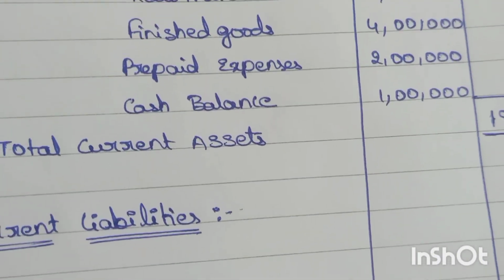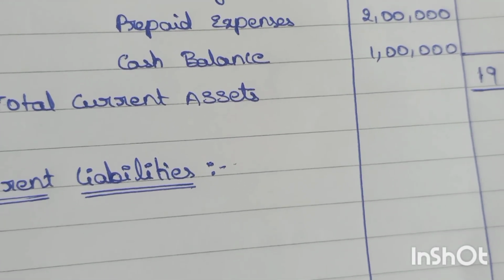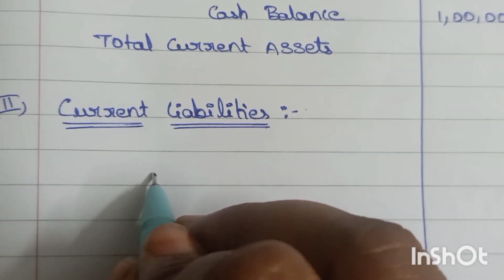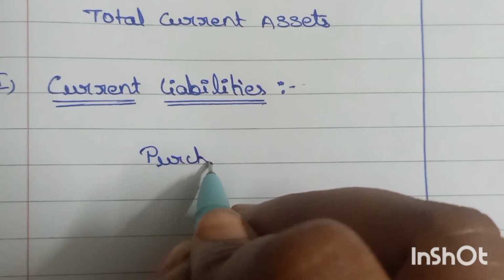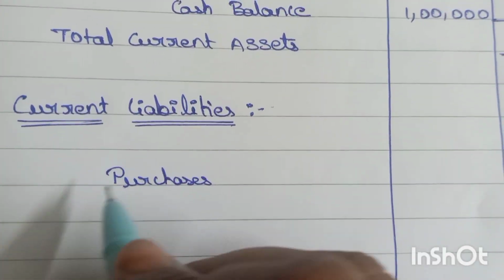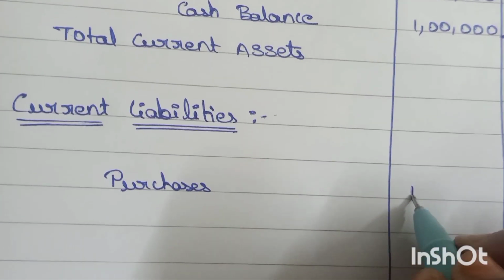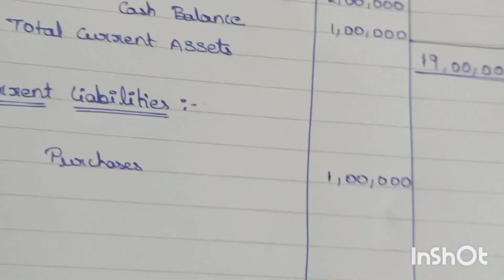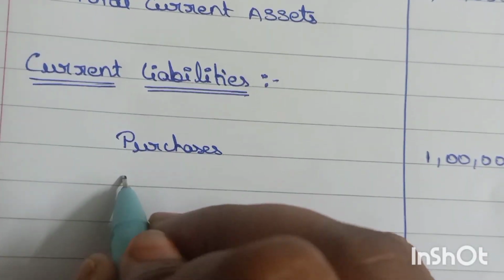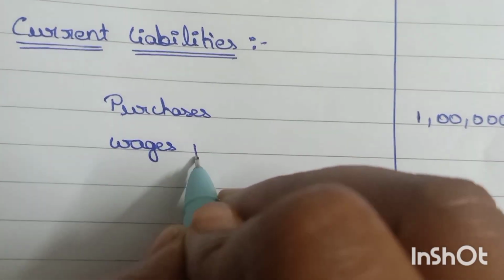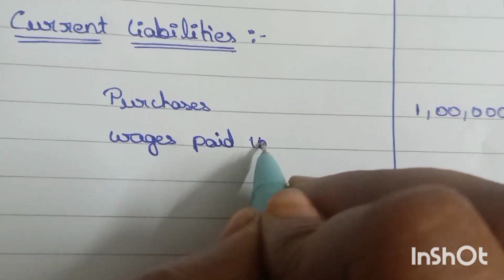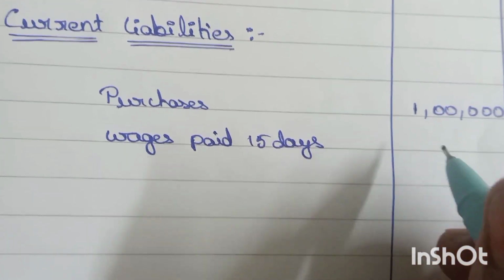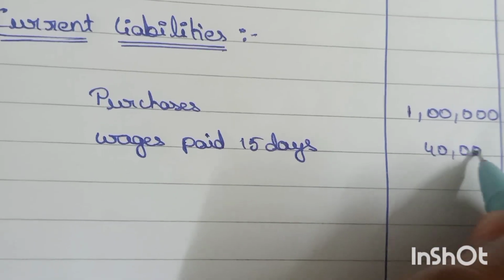Now we have to calculate the current liabilities. First, the 1 month credit from suppliers of raw materials, purchases for raw materials. When we calculate, we get 1 lakh. Next, wages paid 15 days in arrears: 40,000.